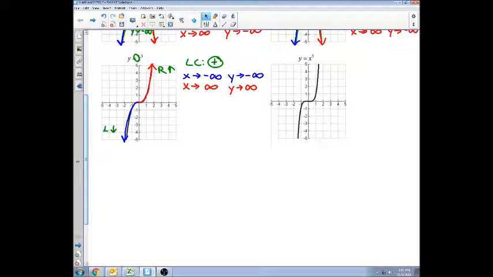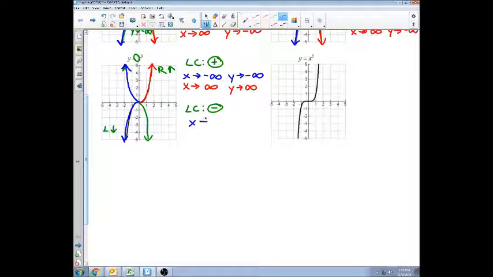Okay? There is another graph we can take a look at. That would be a graph that would look similar to this. Okay? That is the opposite. So in this case, my leading coefficient of my second graph there would be negative. In that second graph, as x moves to the left, my y went up.